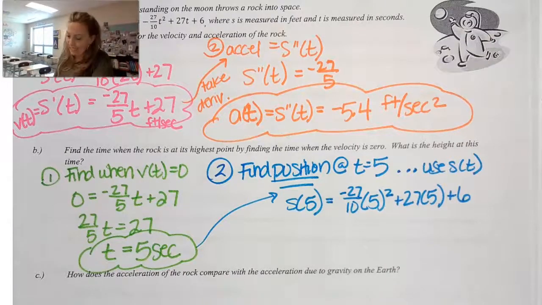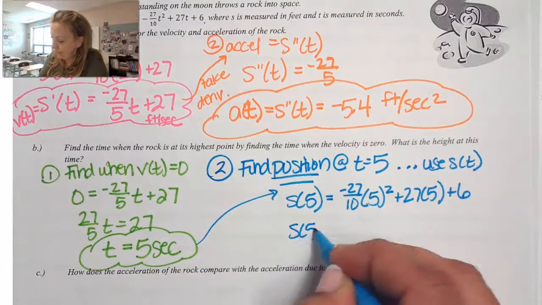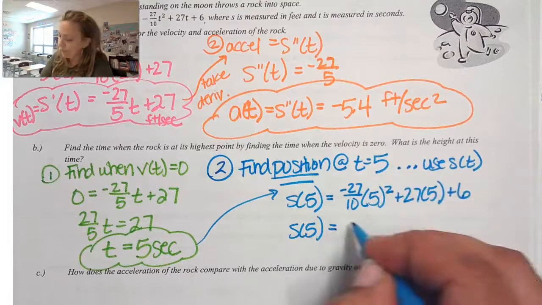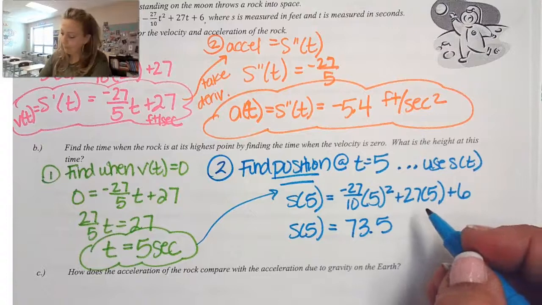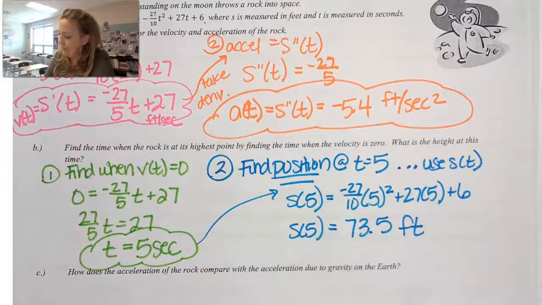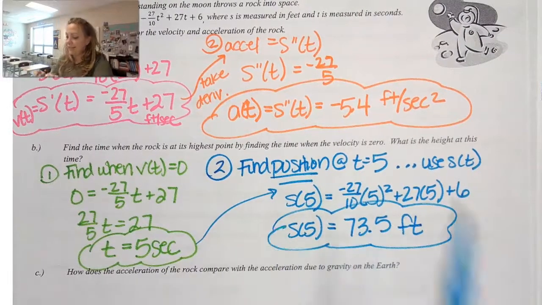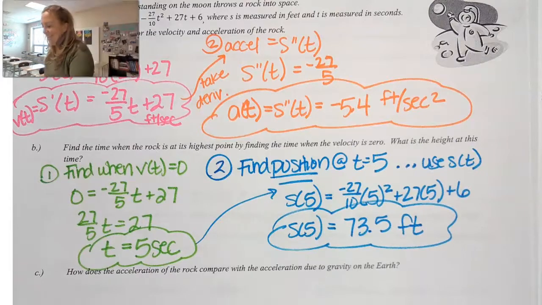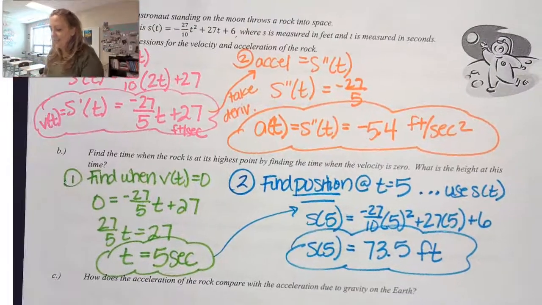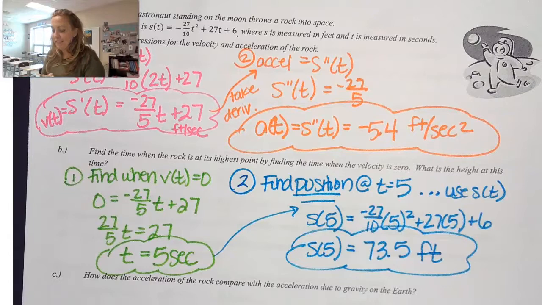And so you can put that in your calculator if you want. Hopefully you trust me. And we end up getting about 73.5 feet. So that would be the highest point. Okay. And again, guess what your vertex is, guys? Yep. So again, that's going to be the vertex of that particular original function.